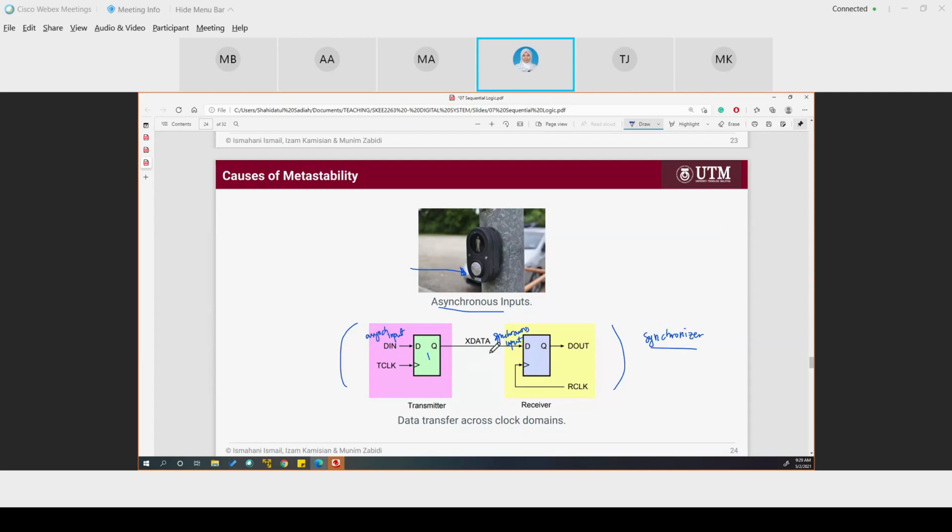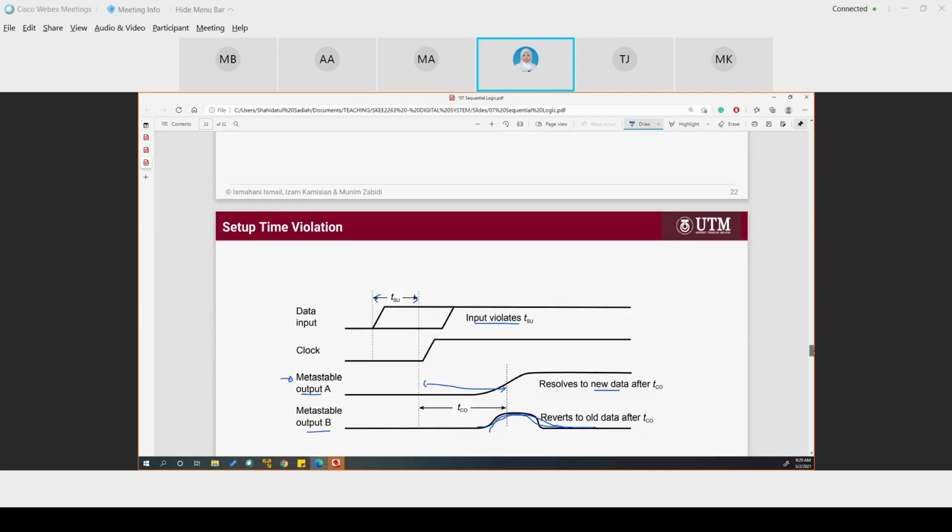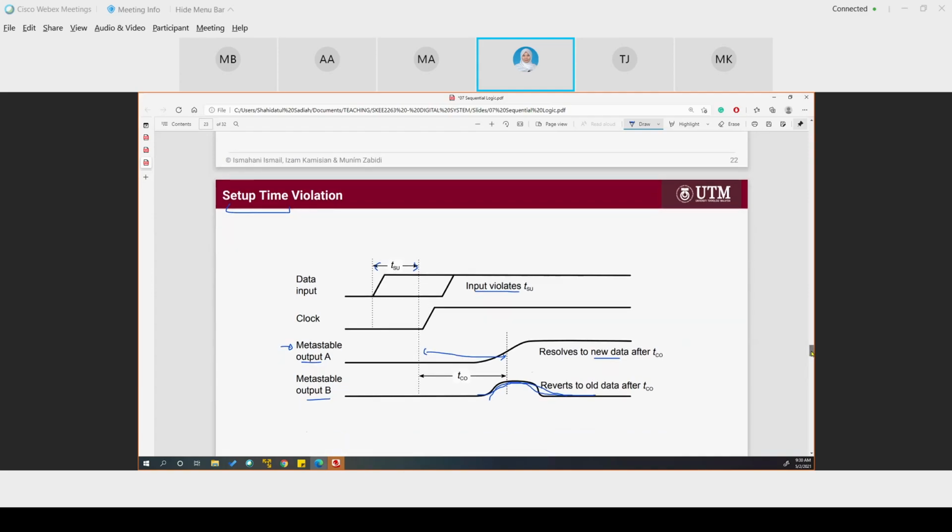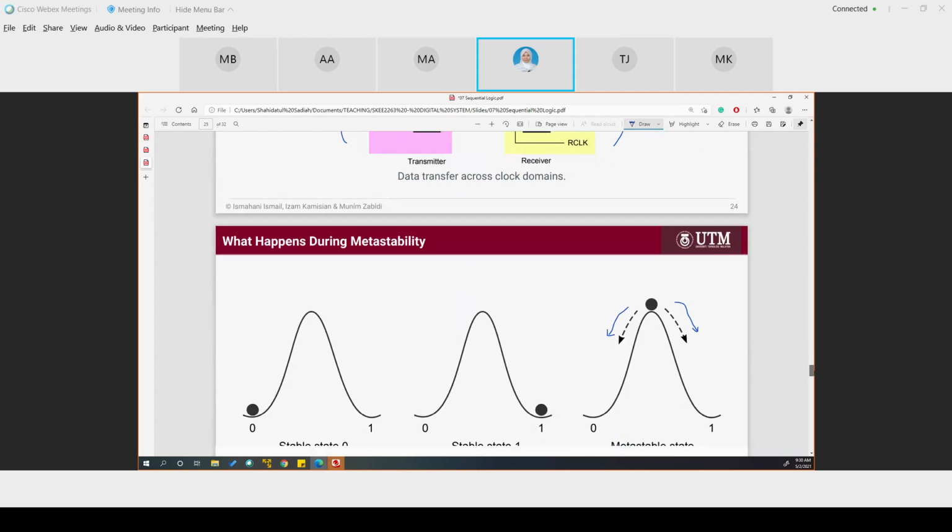So this is what we can add to our circuit to make the circuit free from metastability. Because what happens when we have a metastability, the setup time and the hold time will be violated.